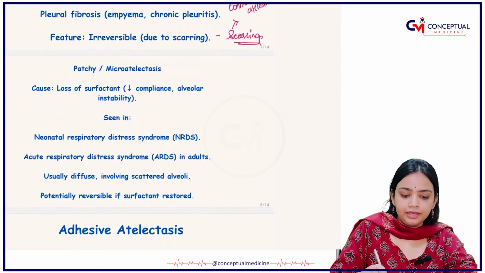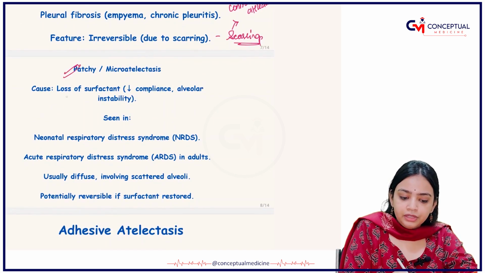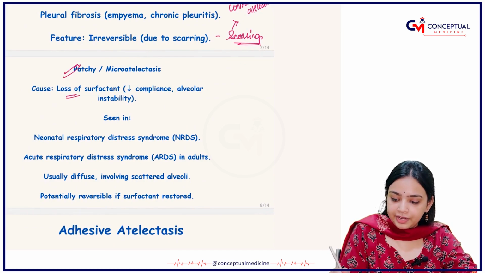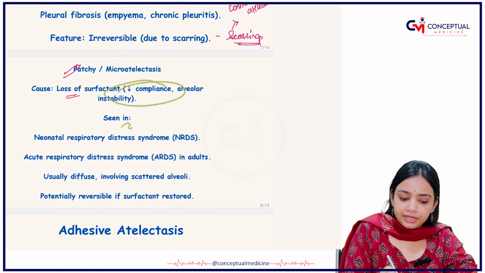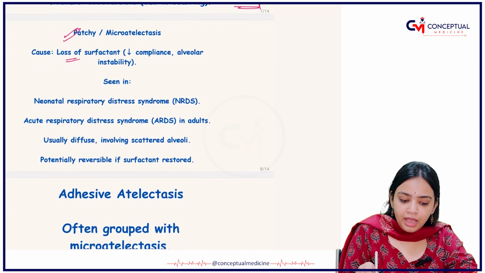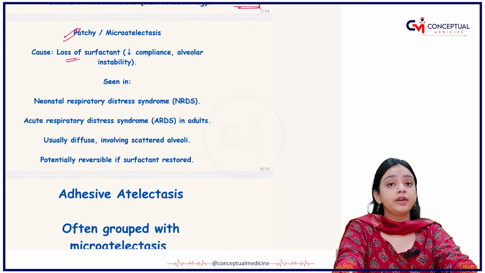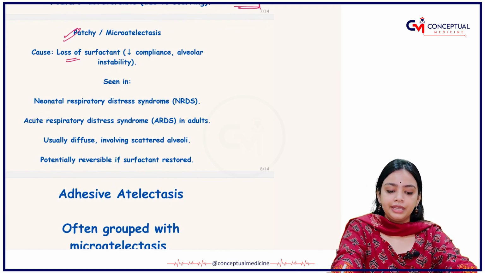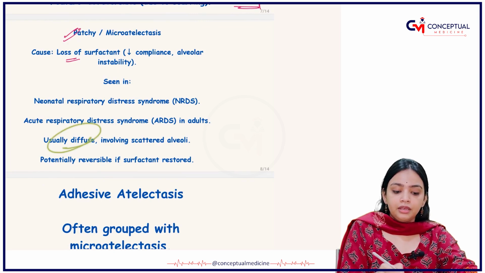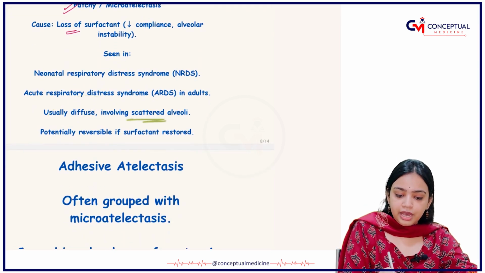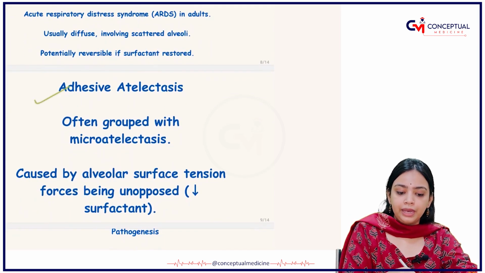Next you have the patchy one. There is a loss of surfactant or instability, as seen in neonatal respiratory distress syndrome or in acute respiratory distress syndrome, and we have covered ARDS in detail. They are usually diffuse and involve scattered alveoli.